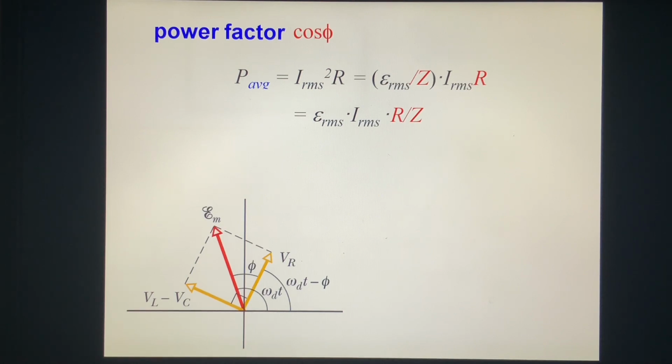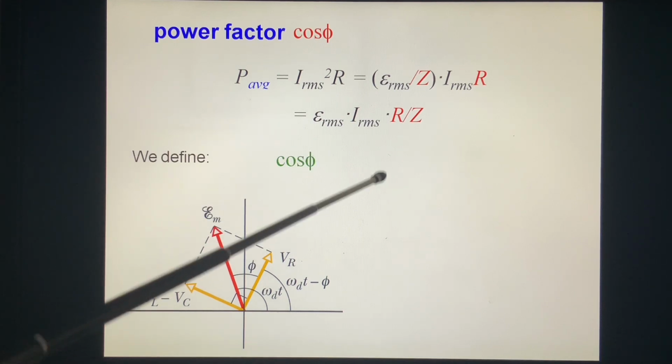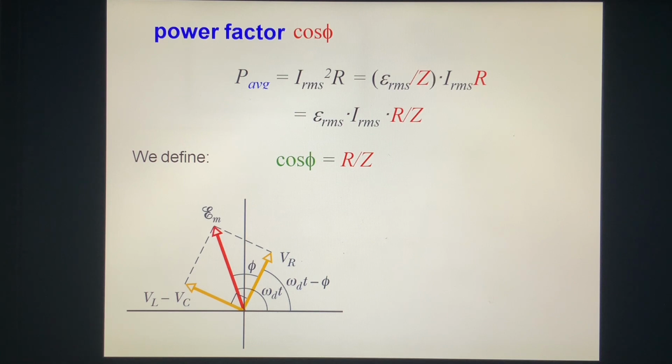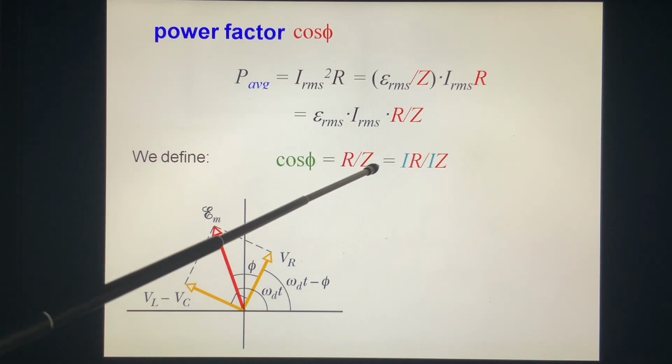Look at this equation. VR is IR, and epsilon is IZ. So R over Z is cosine phi, where phi is the angle between the current and voltage. So we define cosine phi equal to R over Z. And what is R over Z?